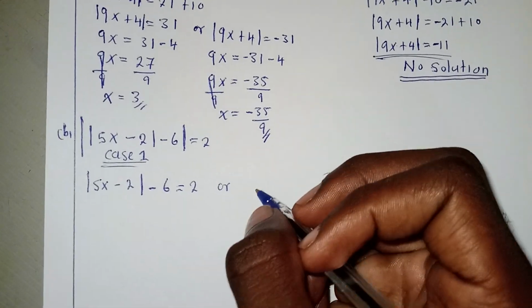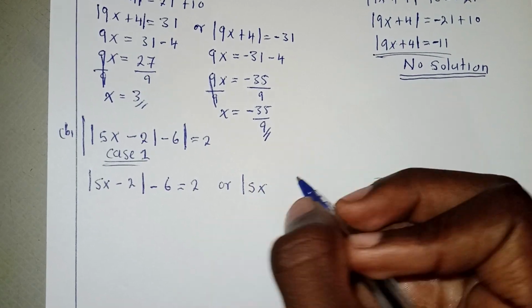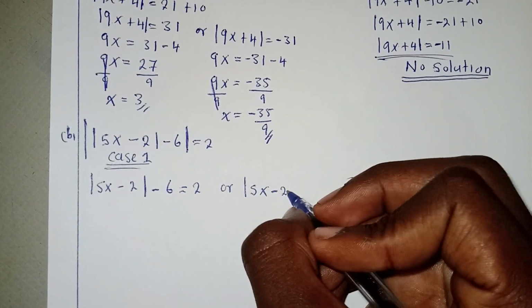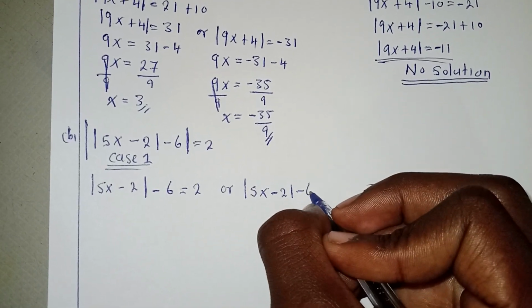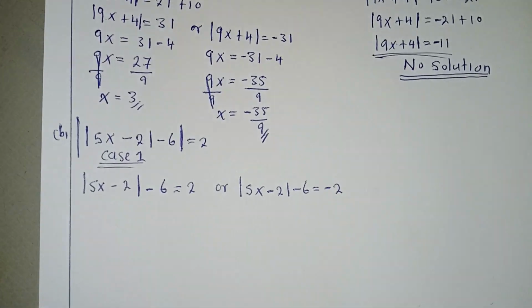Or we can simply say the absolute value of 5x minus 2 minus 6 is equal to negative 2. So these are the two cases we come up with.